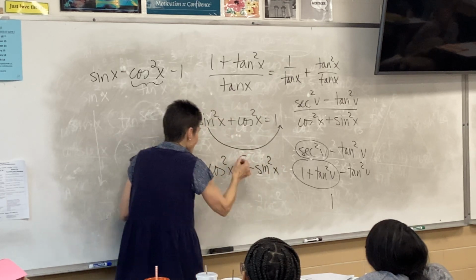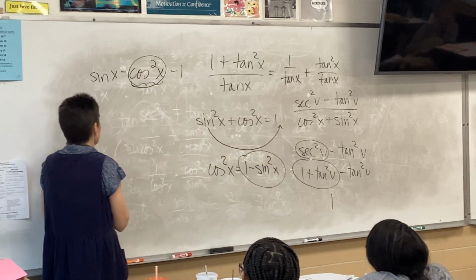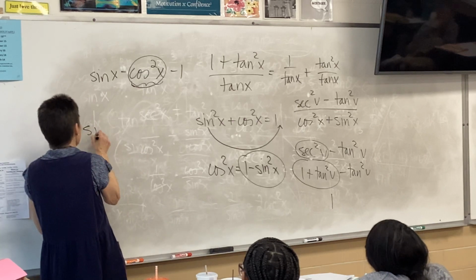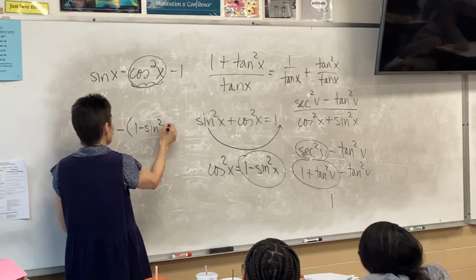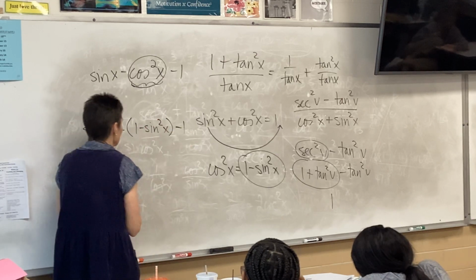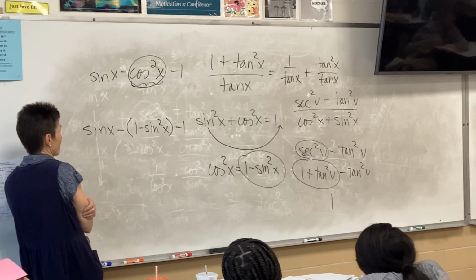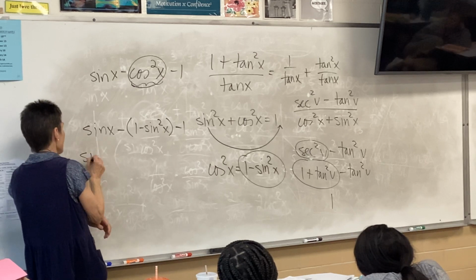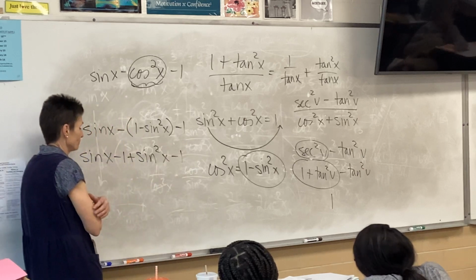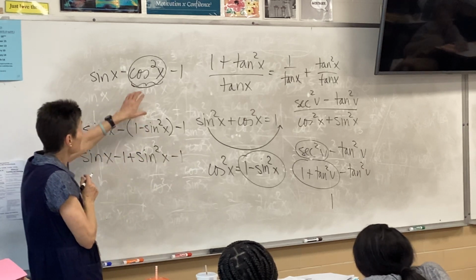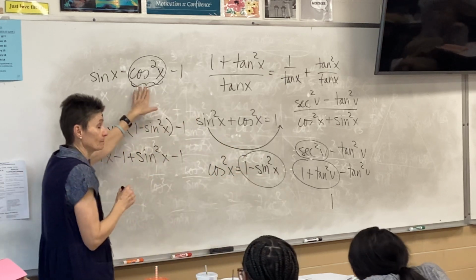So could I take this and substitute it in here? Yeah. At least then it'll be sines. So sine x minus 1 minus sine squared minus 1. Sine x minus 1 plus sine squared minus 1. With the cosine, we replace cosine squared with 1 minus sine squared. Gotcha.